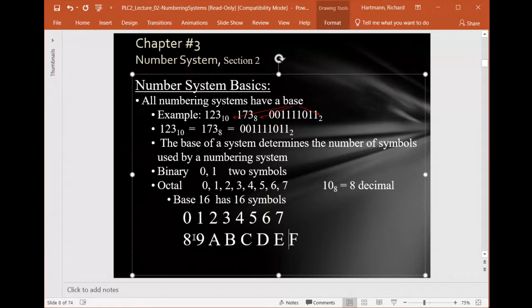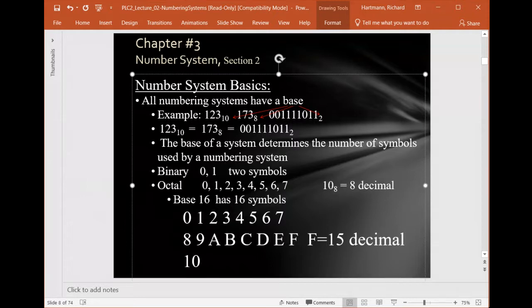In octal, 7 is the last of the 8 possible values. In decimal, 9 is the last of your 10 digits. If you look at F, which is for base 16, it's 1 less than that. So F is actually equal to decimal 15.